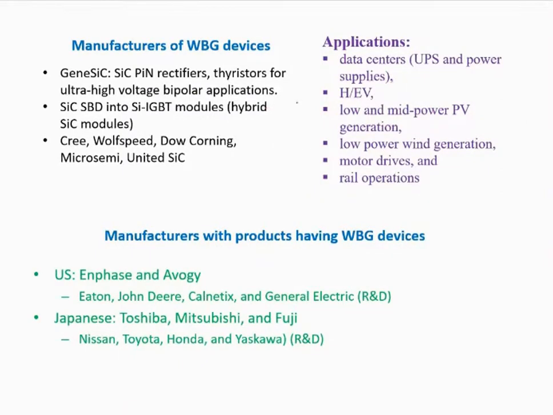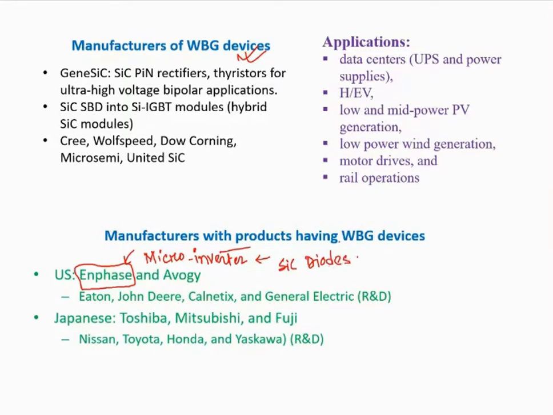And this is pretty straightforward, just for information: who are the major manufacturers for wide bandgap devices and some of the commercial products available. For example, this Enphase is very interesting. Though I think they are not very popular now, when they first started with microinverters they were very popular, and Enphase was one of the driving forces for the popularity and for reducing the cost of SiC diodes.